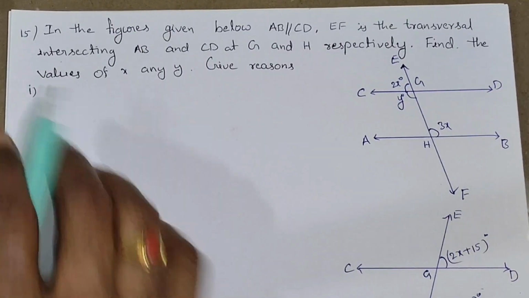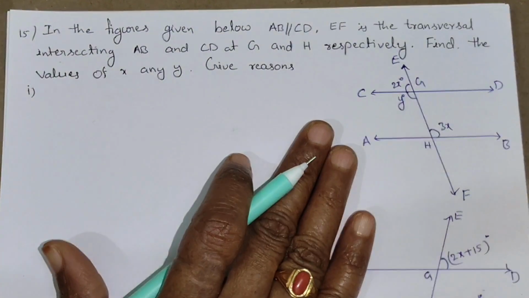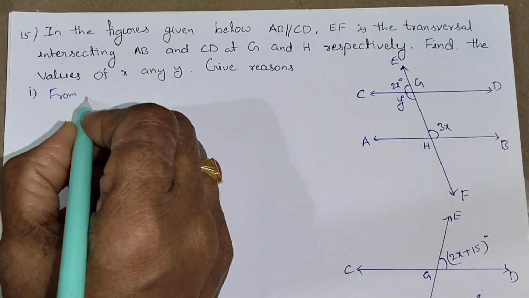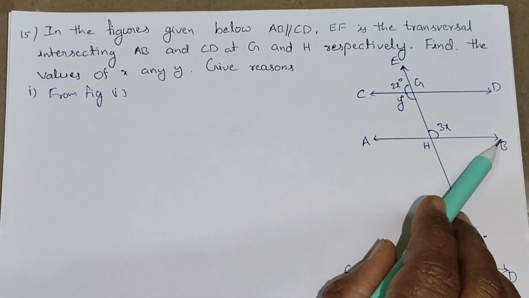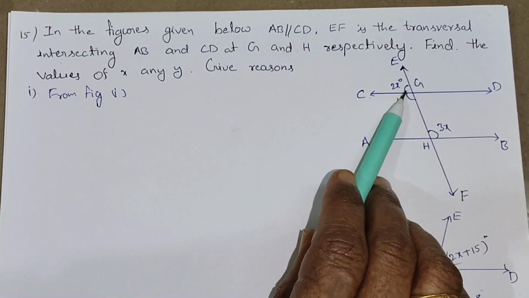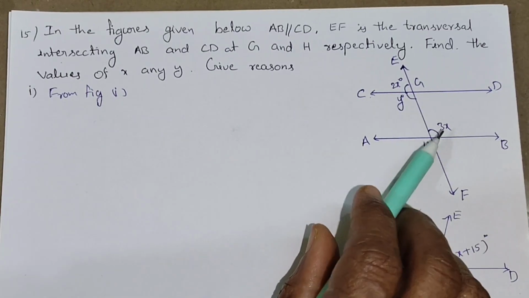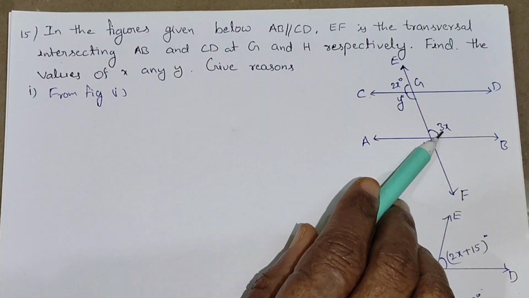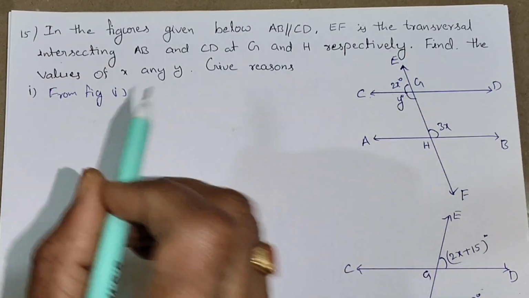Here, 3 diagrams are given. So first we do the first one. From figure 1, these two are the parallel lines. Next, GH is a transversal. So here 3x equal to y, since they are alternate interior angles.